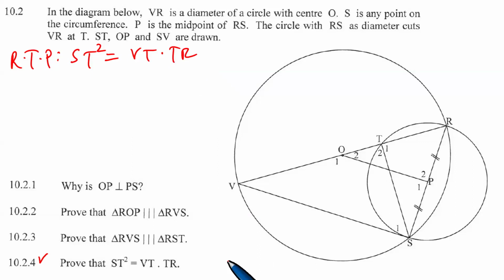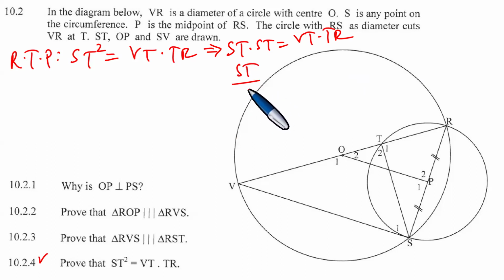Okay, so this is what we have. So in other words, we have that ST squared is equal to VT dot TR. Okay. Now, to do this, first things first, this is a bit tricky all the time, but you need to always break it down to this. So ST squared is like ST times ST is equal to VT times TR. So you convert it to some proportion.